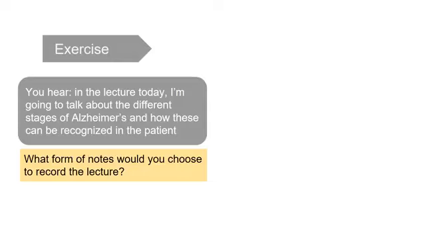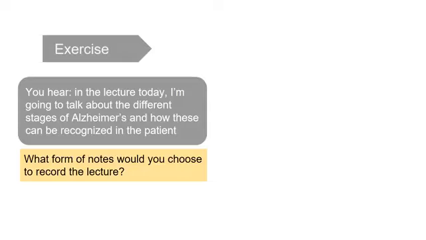Now, this is an exercise on how to choose the appropriate form of note for a certain lecture organization. You hear this in the introduction: In the lecture today, I am going to talk about the different stages of Alzheimer's and how these can be recognized in a patient.